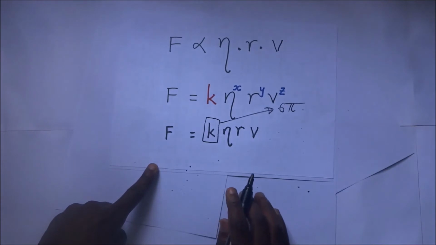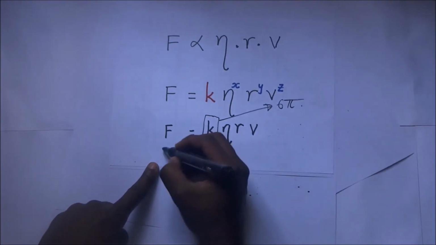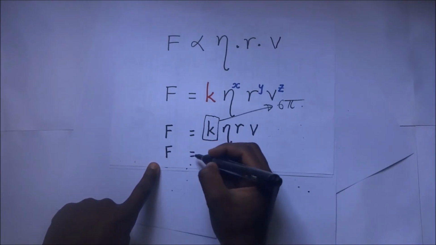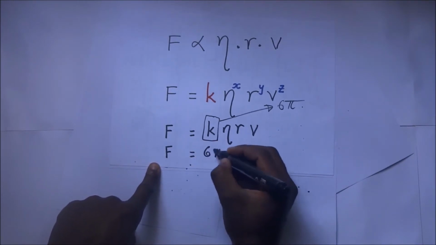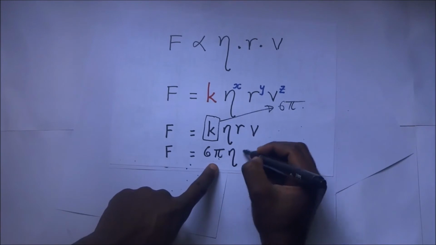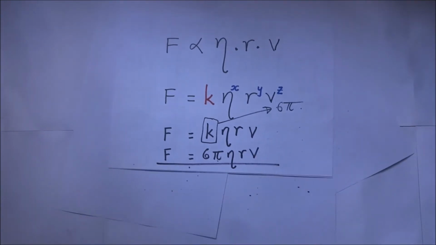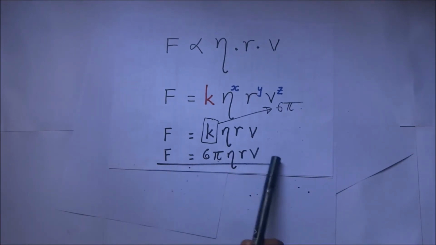So what does that mean? It means that the viscous force F is going to be given by 6 pi times the coefficient of viscosity times R times V. And this becomes Stokes' law. So this expression defines Stokes' law.